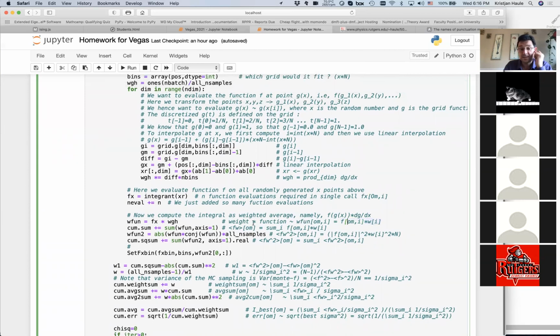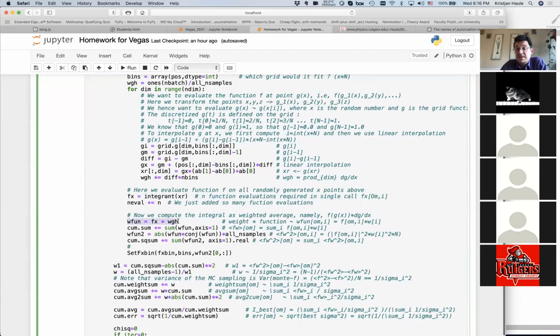And then we want to have a function W fun, which is a two-dimensional array of omega and I. So how do we achieve that? Well, in C, of course, we would write a double loop, wouldn't we? W fun of omega and I is f of omega and I times W of I. But in Python, we can write this simply as a product, and it works.